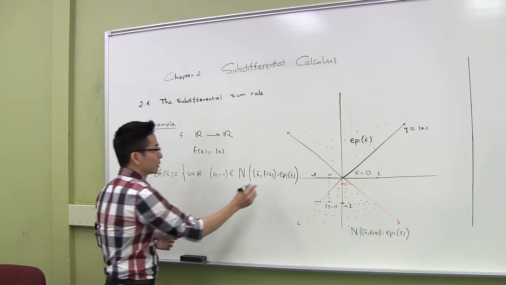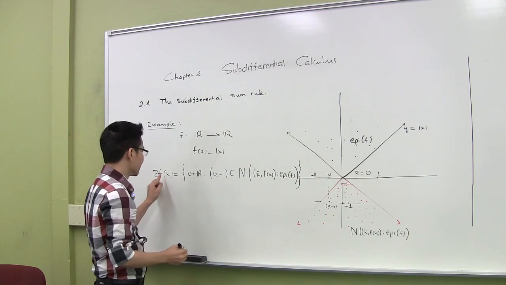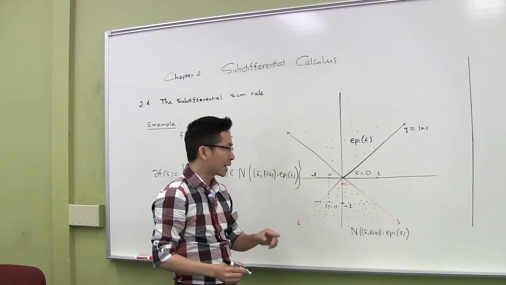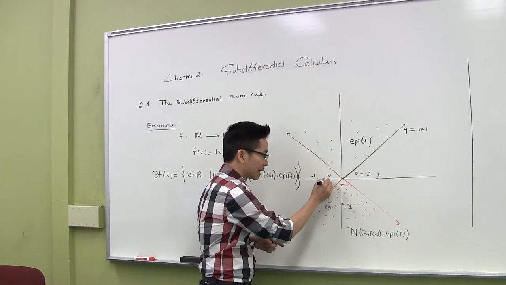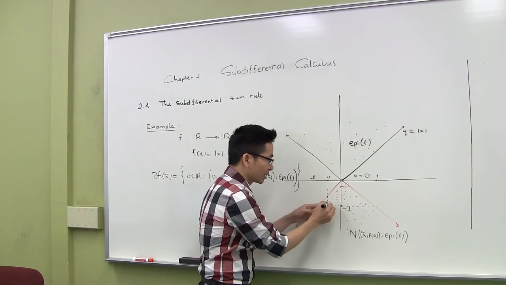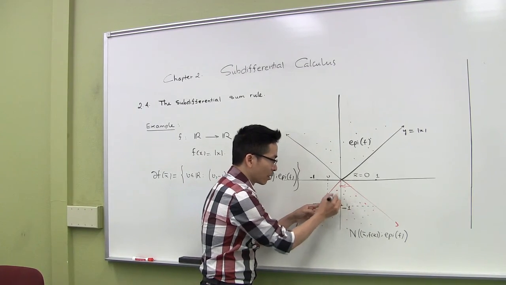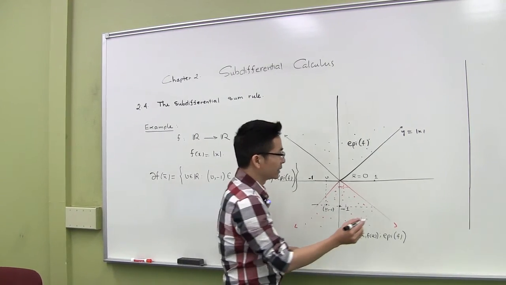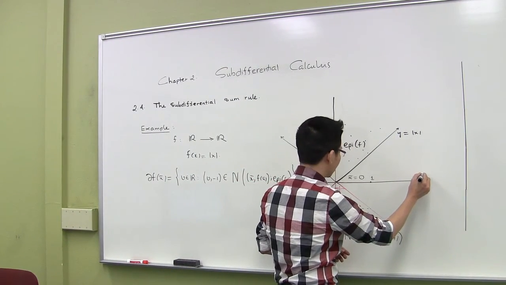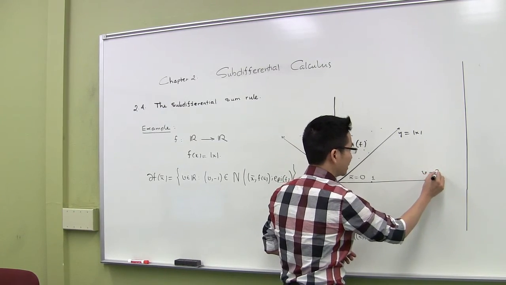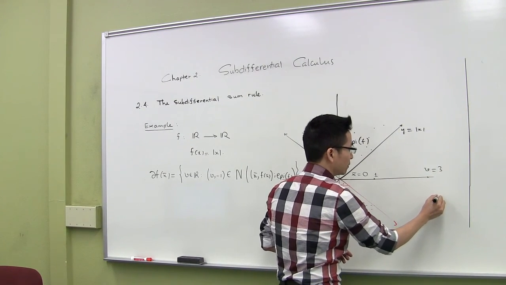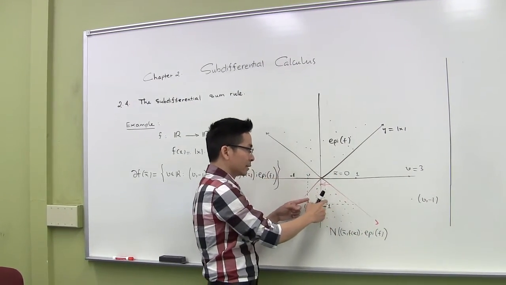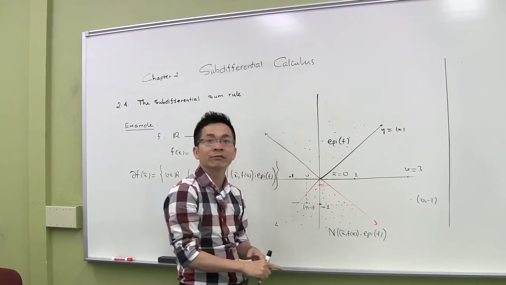So now in order to compute the subdifferential of the absolute value function at 0, we look at all vectors v such that v minus 1 belongs to the normal cone to the epigraph of the function. Okay? Now if we take a v far away over here, like v equals 3, then we see that v minus 1 is not in the normal cone to the epigraph of the function.